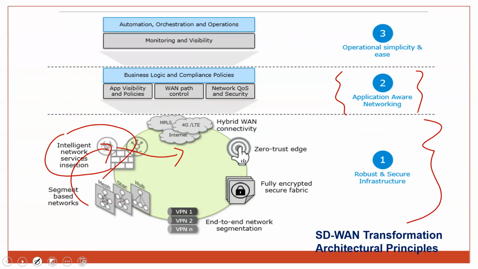Apart from that, in the newer SD-WAN solution, when Cisco acquired SD-WAN, they added firewall aware routing as well. You will see this in the upcoming section.